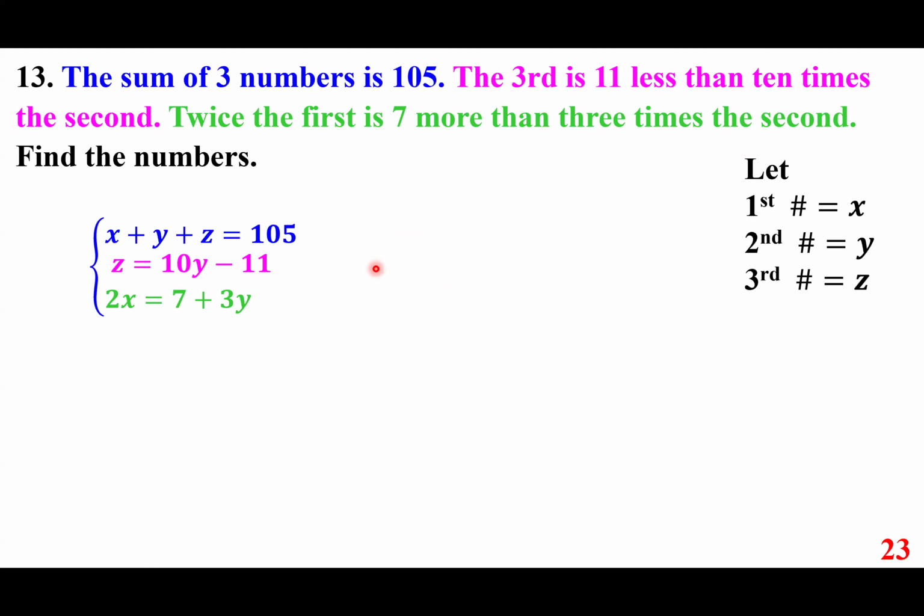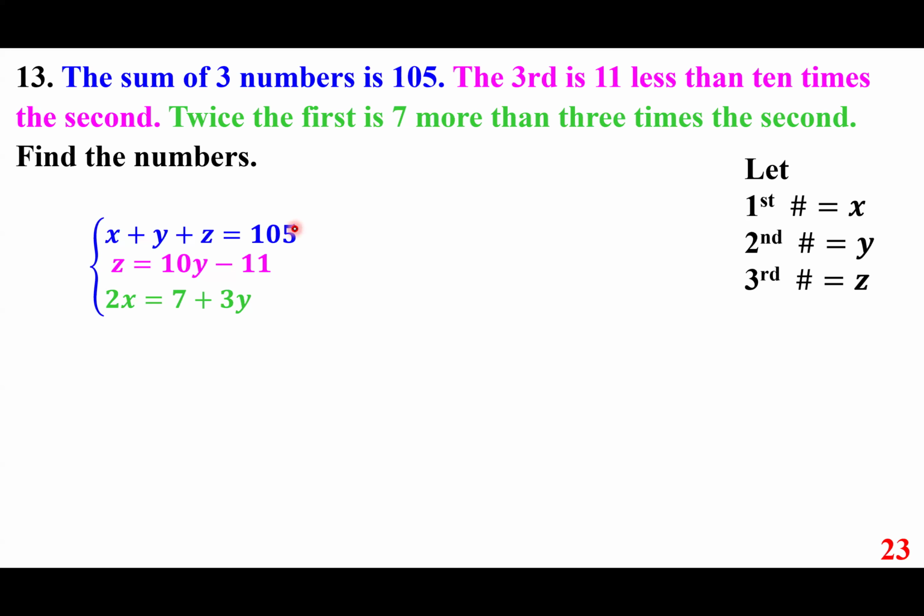Now, notice this one has two variables, x and y. This one has two variables, z and y. So if we change this z to 10y minus 11, this will have also two variables.